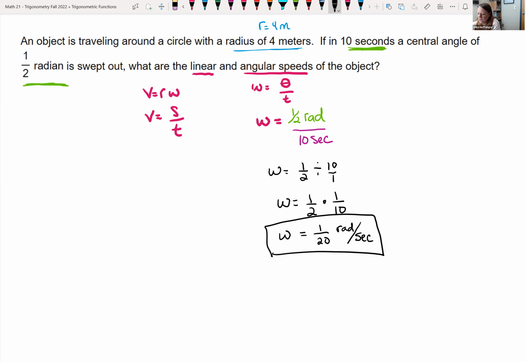And so the linear speed, I wanted to say velocity because of that v, but the linear speed is equal to r times omega. Well, r in our case is 4 meters, all times omega, which is 1/20. And this is in terms of meters.